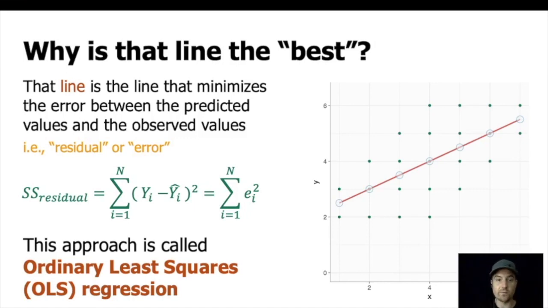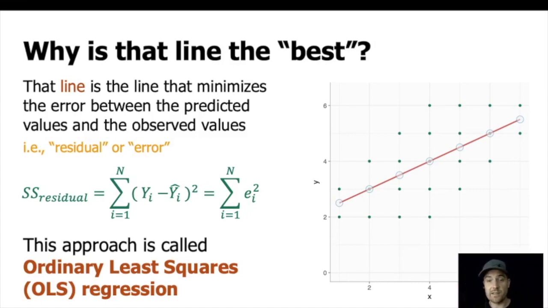So Yi stands for the observed value for each individual, every individual in there. The hat one is what we predict. So that's the line. And then we get the difference between those two and we square it. And we do that for each observation throughout the whole sample, and we sum them all up.